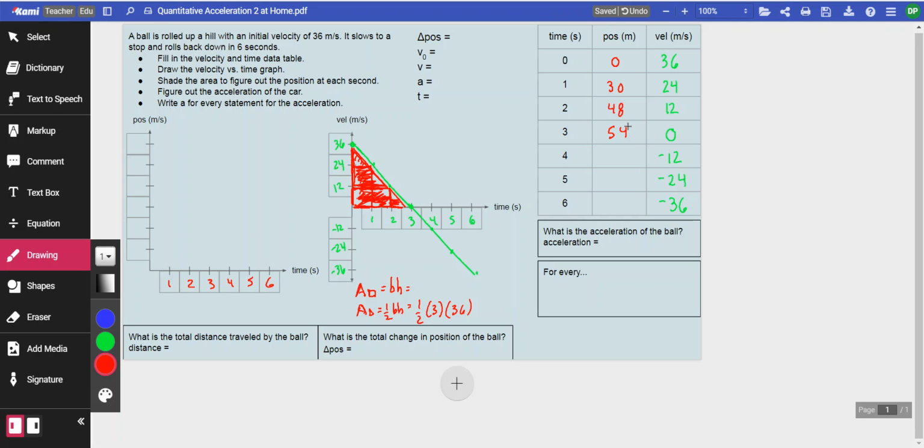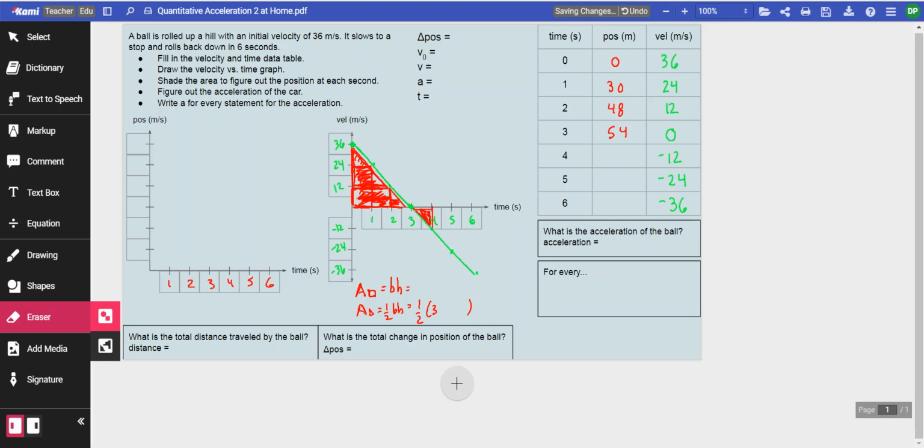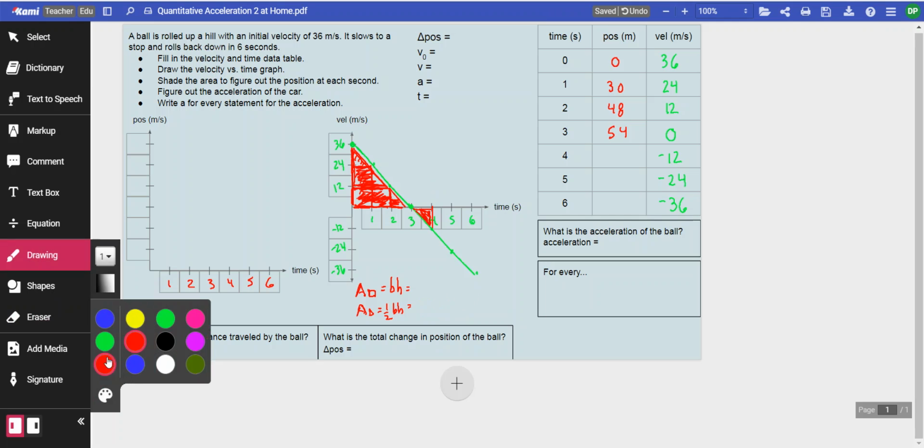Now, what's interesting now is that the next area that I have to draw is here. And if I shade that area, we can see that this triangle here, the base is again 1 this time.